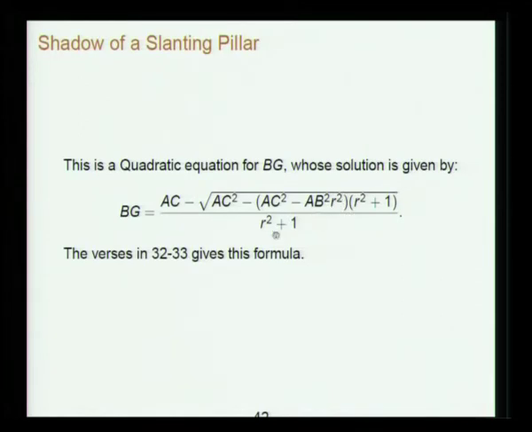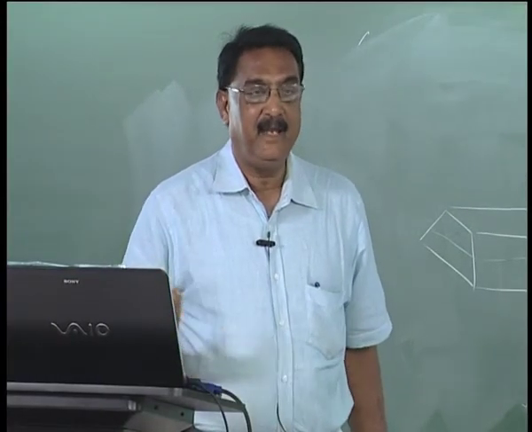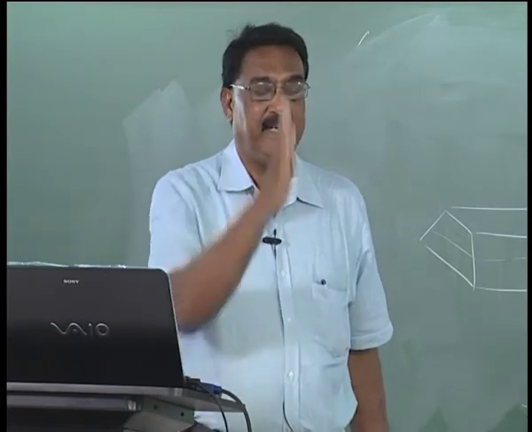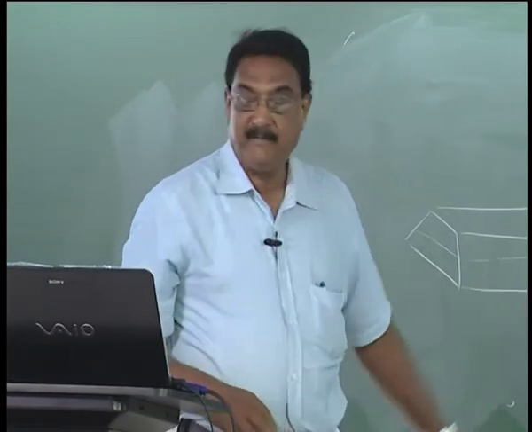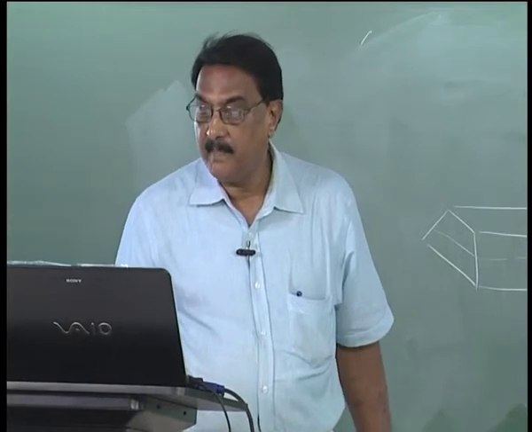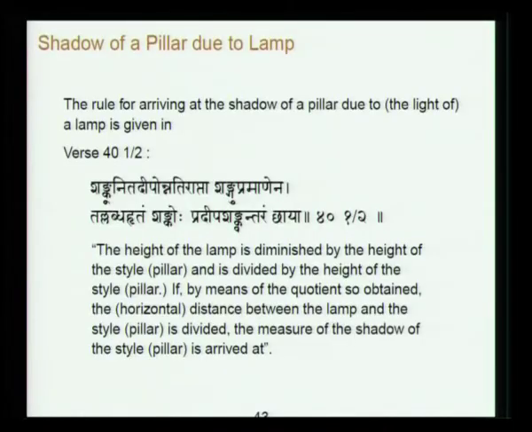If it is not slanting, the shadow by the height will be given by R only. If it is a vertical thing, then shadow by height is R, but if it is slanting, it is different, and precisely this is the formula for that, and it satisfies the quadratic equation. So this is some kind of a new problem that he has discussed compared to the Brahmasphuta Siddhanta.